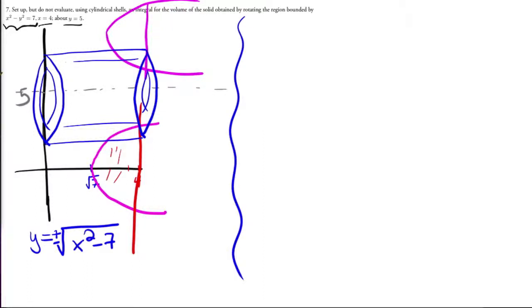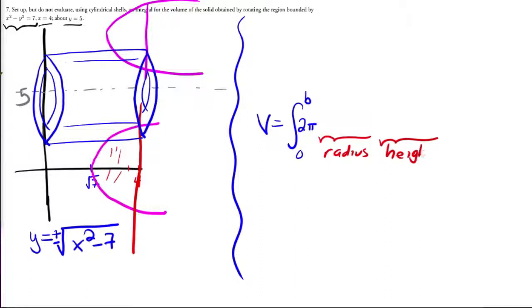Now the basics are that to find the volume using cylindrical shells, you take the integral from 0 to the outside edge, which I'm just going to call b, of 2 pi times the radius of the shell times the height of the shell.